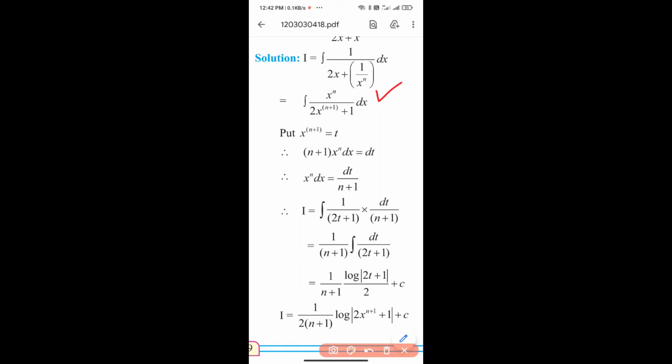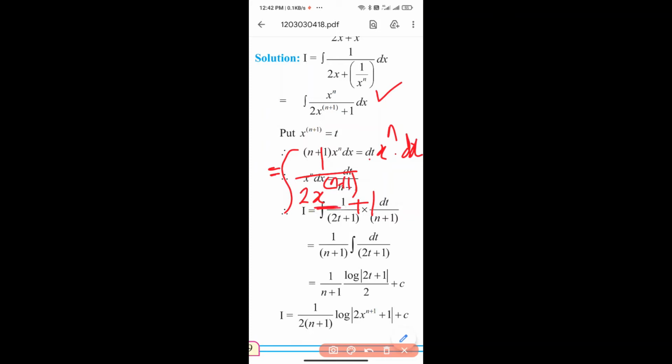So after this, what I have to do is, we can see here the 2x raised to n plus 1 has a derivative.